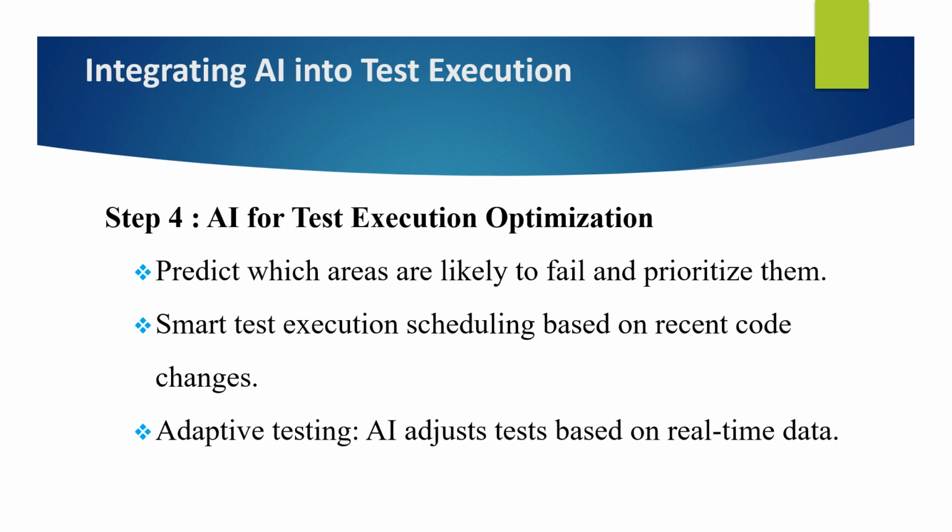This is known as predictive testing. By focusing on high risk areas, AI reduces the time and computational resources needed for test execution. What's more, it can even adapt tests in real time, modifying steps based on the current data, making your testing framework dynamic rather than static.